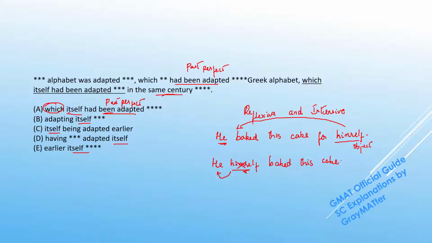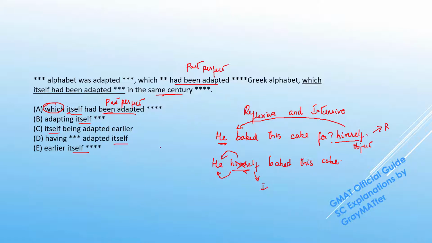It's just that we are intensifying that it was him that baked this cake. But in the first example, we have he baked this cake for himself. And this cannot be taken out of the sentence, because then it would be he baked this cake for whom? So to indicate whom he baked the cake for, we need the reflexive pronoun. So here the reflexive would be an essential part of the sentence, and here the intensive would be the non-essential part.